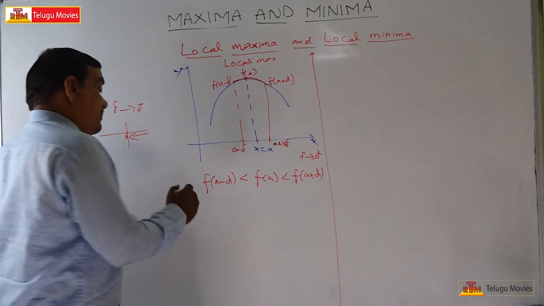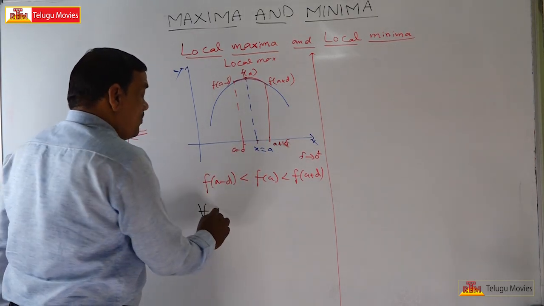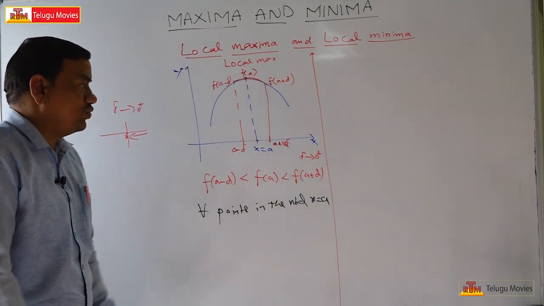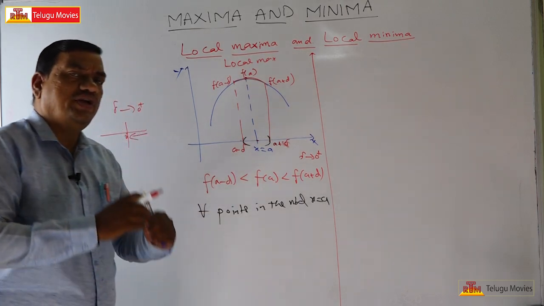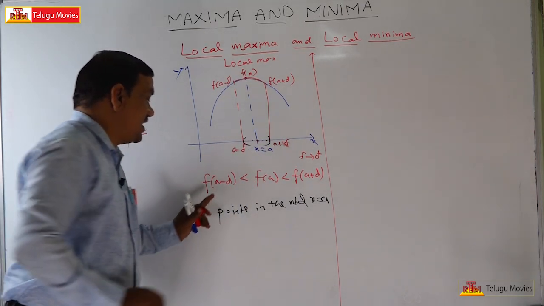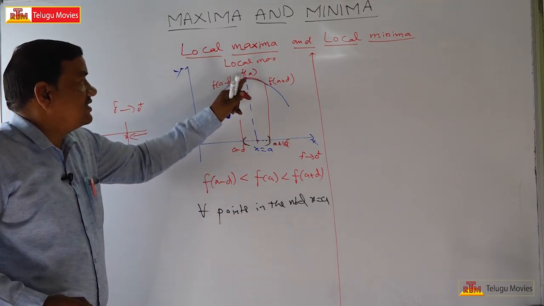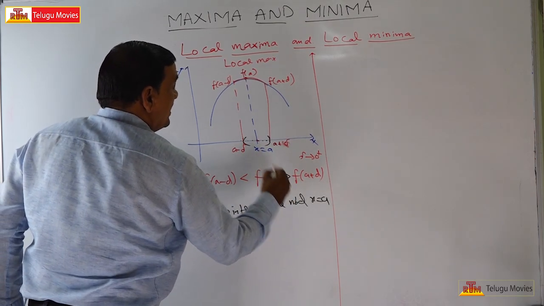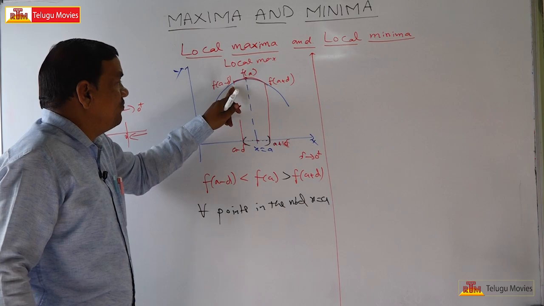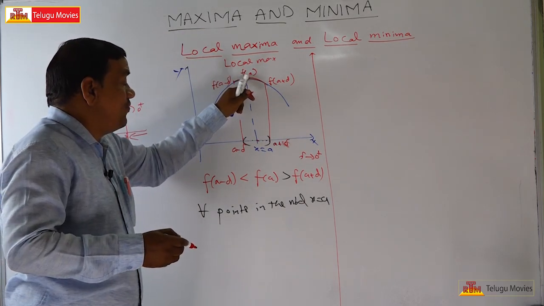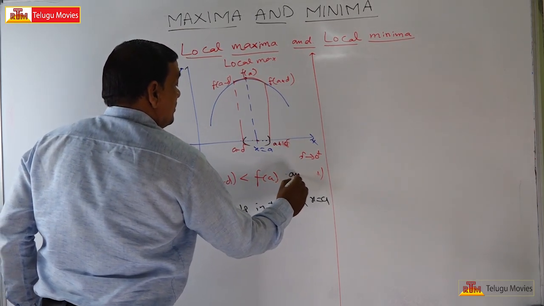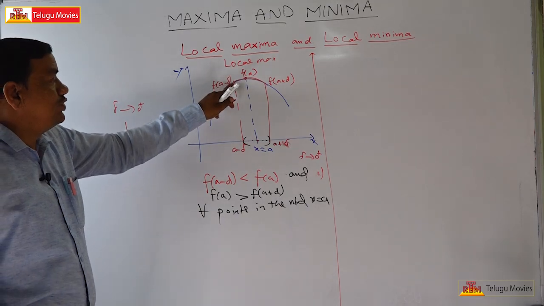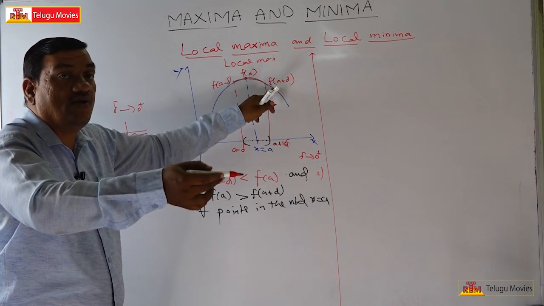That means for all points in the neighborhood of x is equal to a, the condition should be that f of a minus delta is less than f of a, and f of a should be greater than f of a plus delta. Understand?